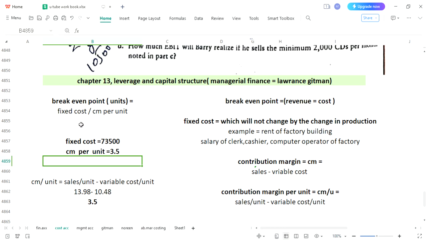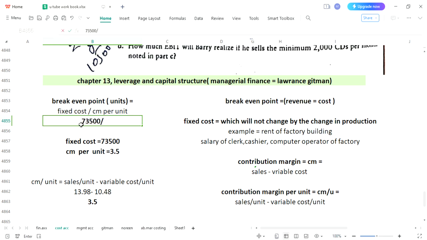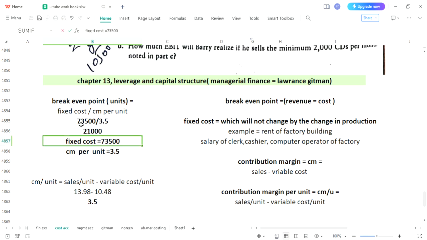We are now ready to put it in our formula. 73,500 divided by 3.5. Statement has been completed. We can now put it on our calculator and get the amount. So we have got 21,000 as break-even number of units.